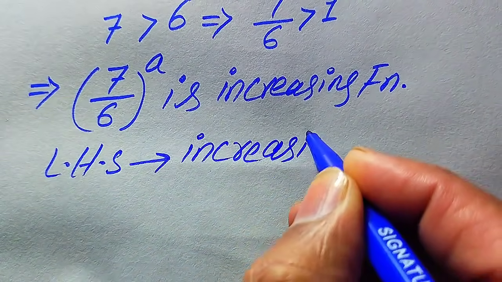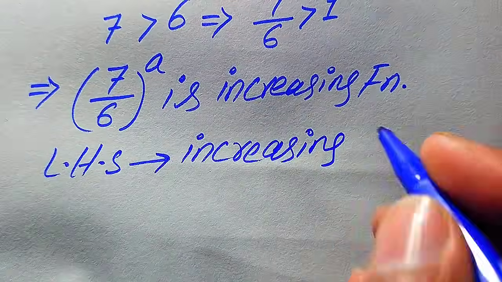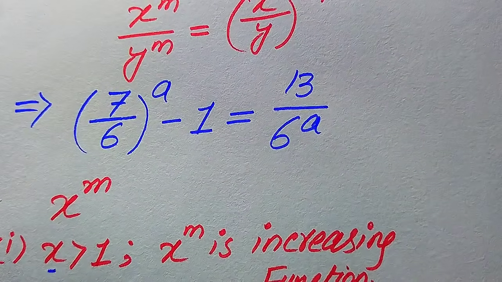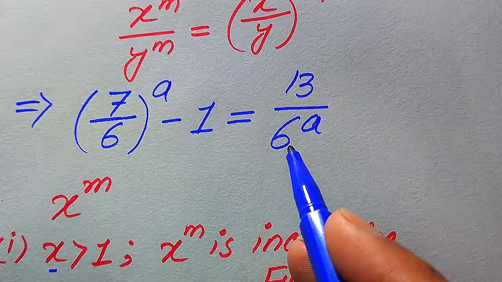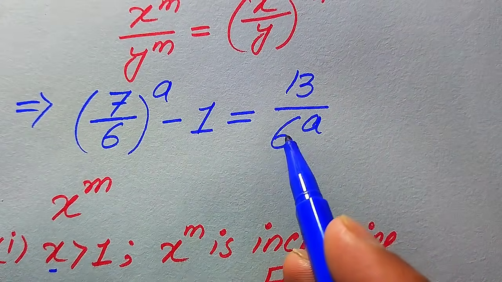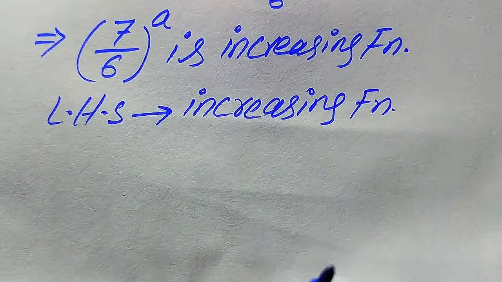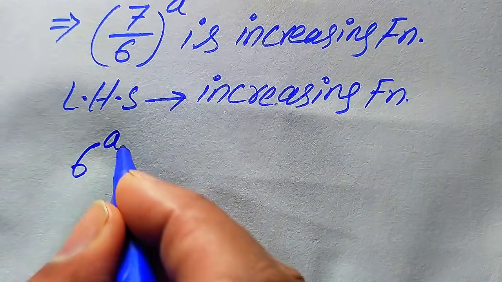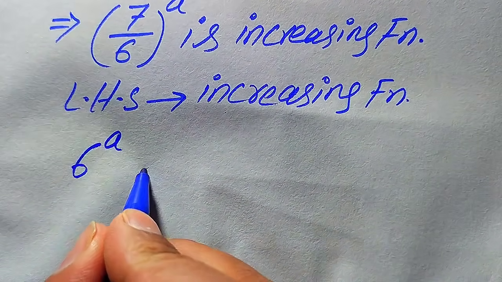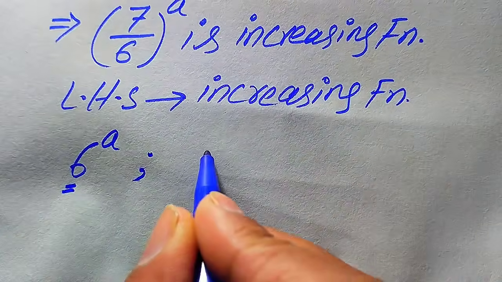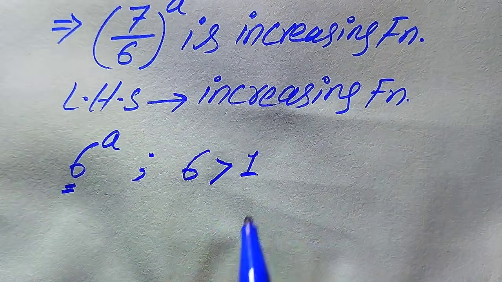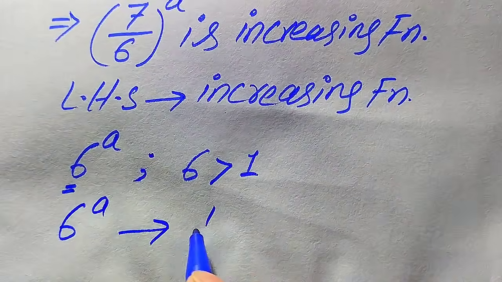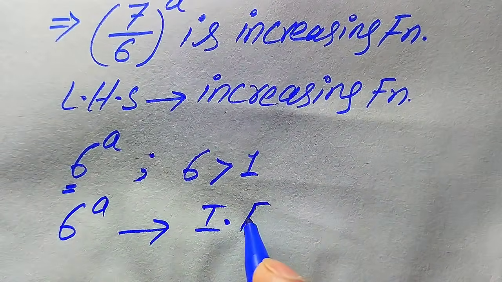Now we need to check the right hand side. On the right hand side we have 13 divided by 6 to the power of a, and if we focus on 6 to the power of a only, its base is 6, and we clearly see that 6 is greater than 1. This means that 6 to the power of a is also an increasing function.